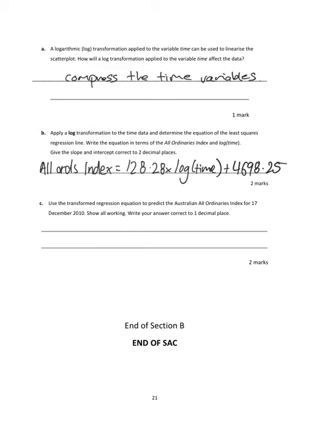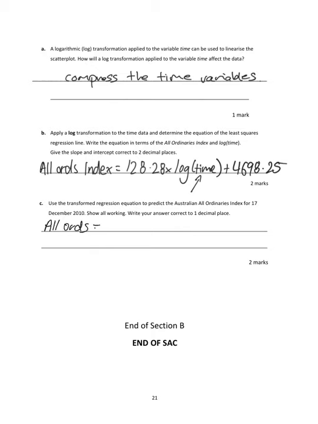Okay, so what we're going to do is find what the all odds index is. So we're going to have to solve for the all odds index. Actually, you wouldn't even have to use solve here. You could just, if you want to, just whack 17 in there for the time. So I'll just rub that out. All right, so all odds.